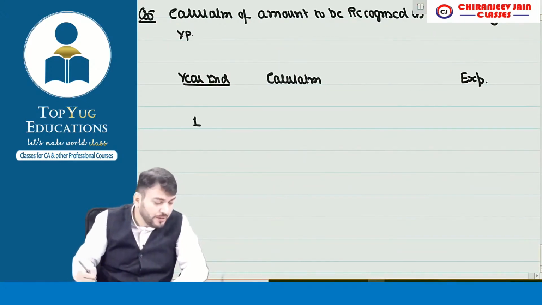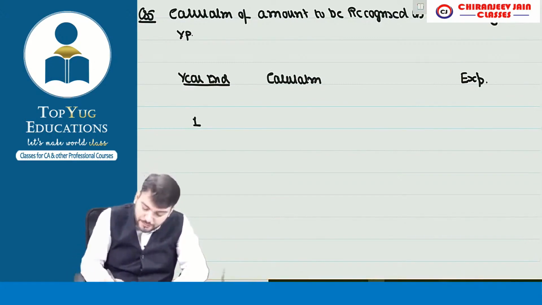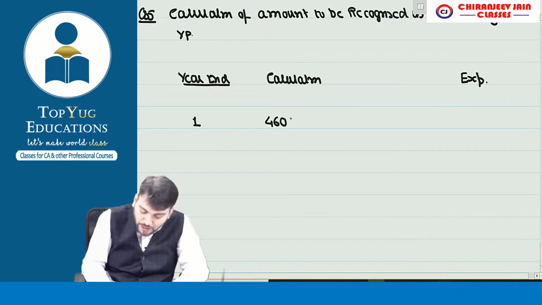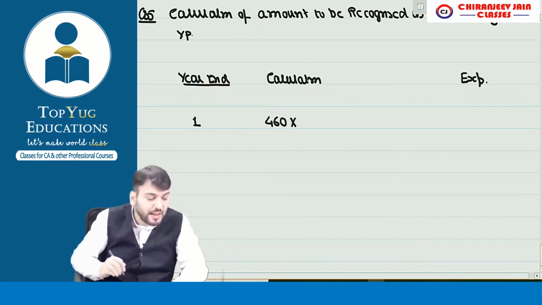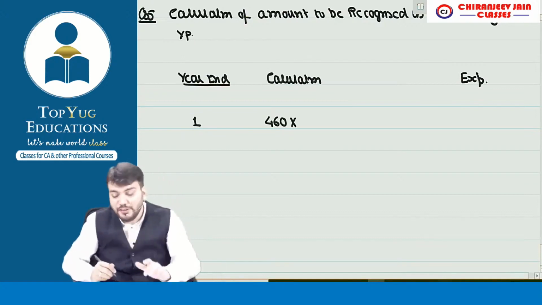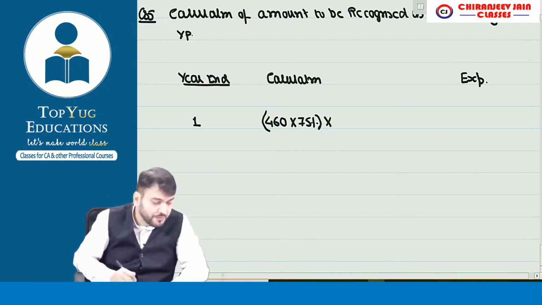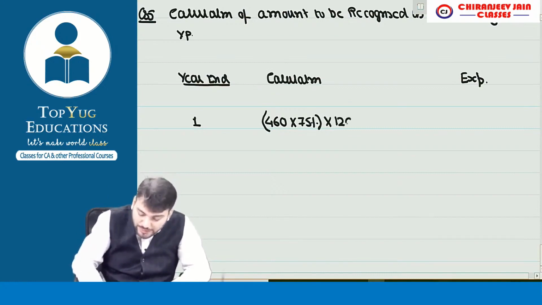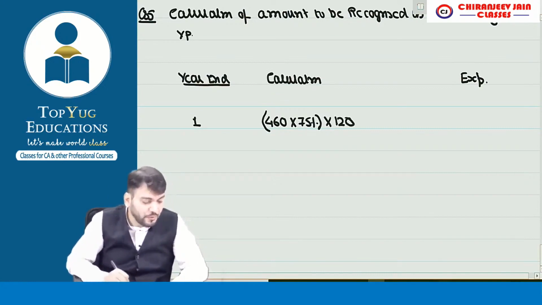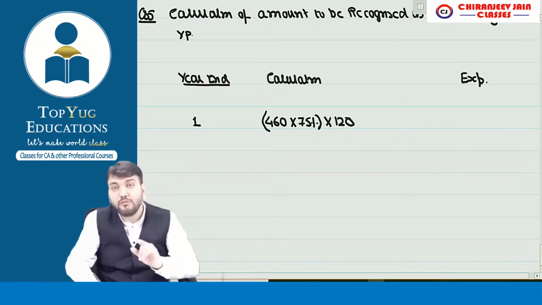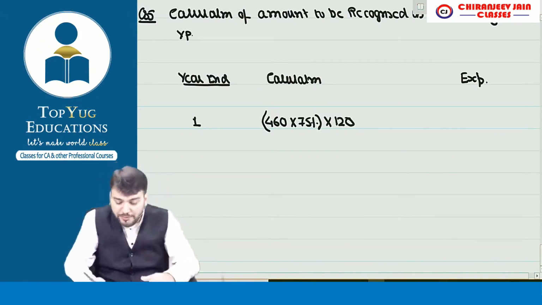So tell me, how many employees? It says 460 employees. Correct. So how many of the 460 employees will leave? 25% during the vesting period, which means 75% will be retained. Correct? And into 120, the 120 is the option per employee.